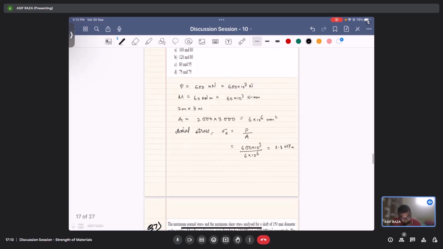Okay, and bending stresses would be equal to M by I into y.